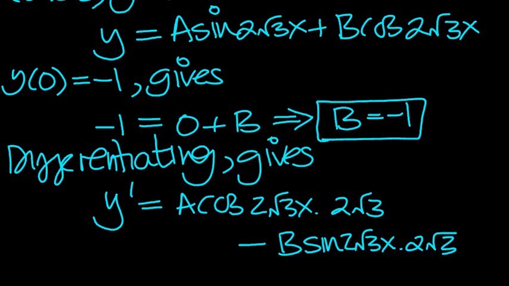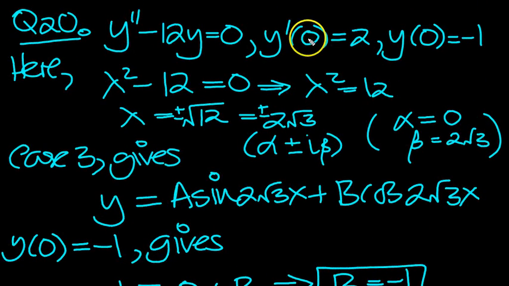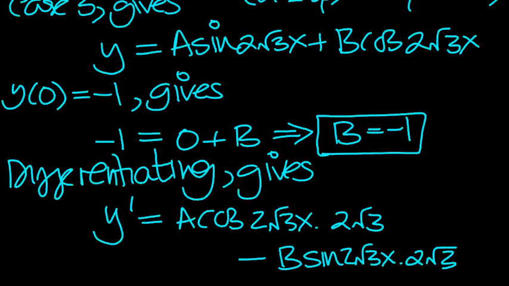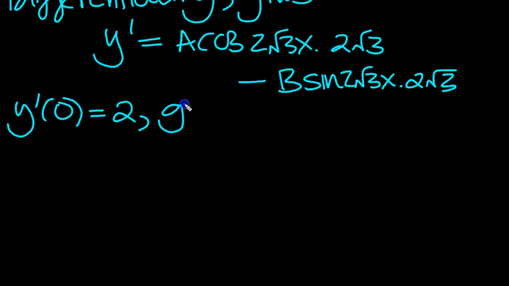Now let's impose the initial condition, y dash 0 equals 2. So let's go back down and look at this now. So y dashed 0 equals 2 gives, so when x is 0, y dashed equals 2, so 2 equals, cos of 0 is 1, so this whole thing here is 1.